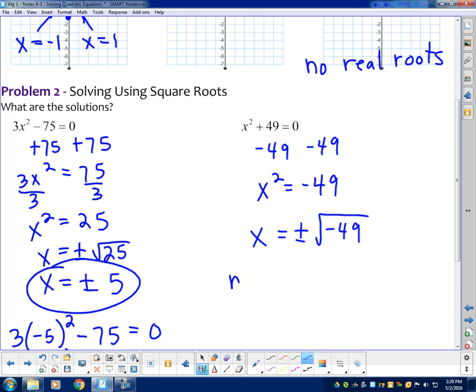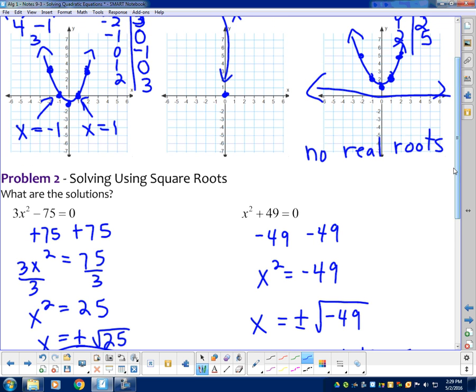It should say no real solutions, and that's exactly what it means. There are no real solutions to this. In other words, it has no roots. It does have solutions, but you'll have to come back for Algebra 2 to see what those solutions look like. But in terms of having x-intercepts or roots like we did up over here, this one does not have them.